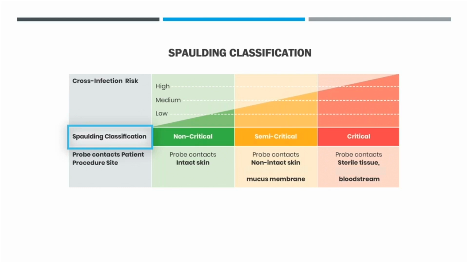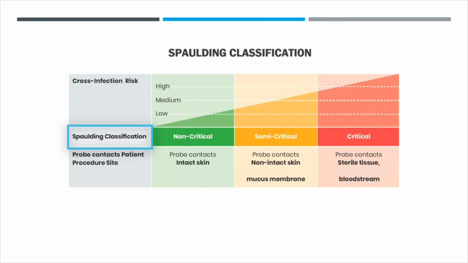And then critical probes are considered those that come in contact with sterile tissue, which isn't particularly common in intensive care, but those devices that come in touch with blood vessels and with the bloodstream are deemed critical. And this, of course, refers to when we use needles, such as vascular device insertion, pleural taps, etc.